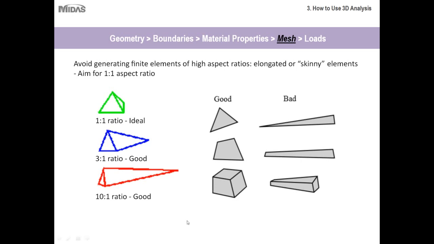If you create a model with really long meshing, it doesn't necessarily mean that your results won't be accurate, but there's a higher chance for errors. So in order to avoid that chance for error, just try to create meshing with a 1-to-1 ratio that's smaller, more compact. Any long, skinny elements, that's something to look out for.